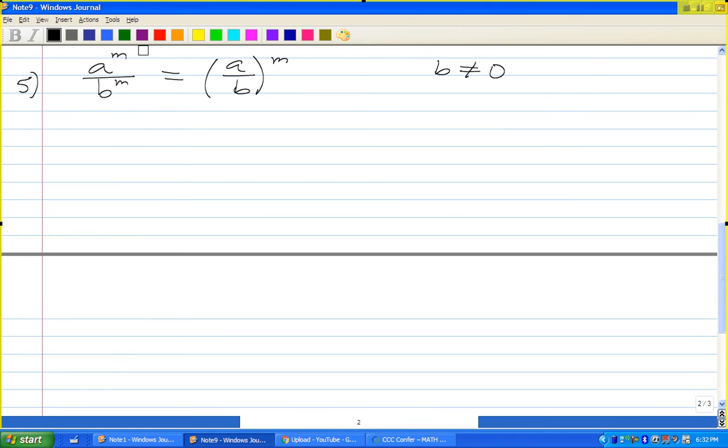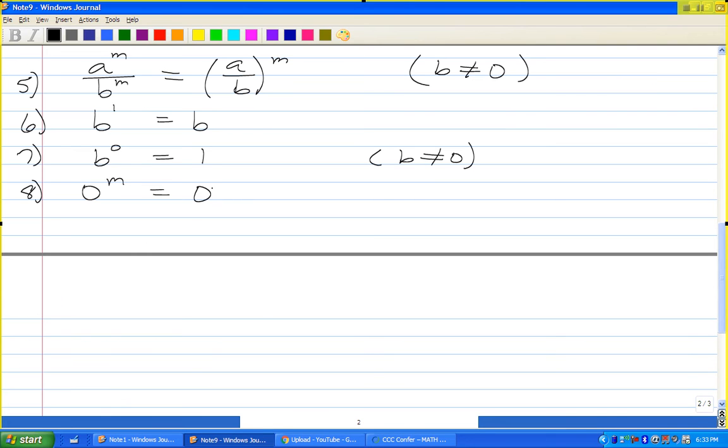Next, b to the power 1 is just b. b to the power 0 is 1. And let me explicitly say that the base can't be 0. Next, 0 to the power m is equal to 0.